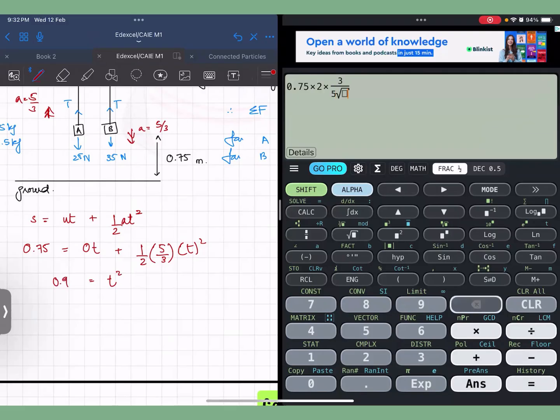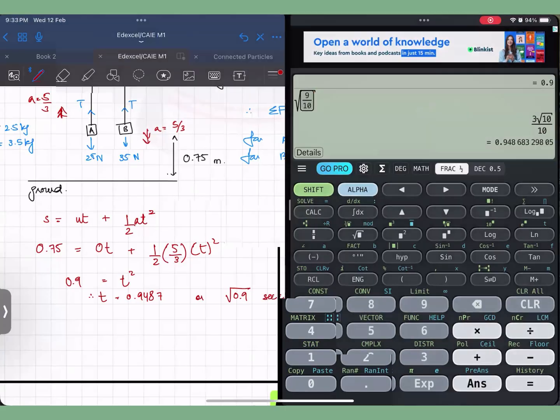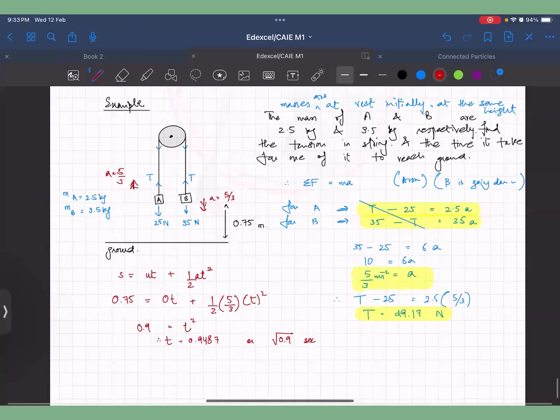So under root of 0.9, it is 0.9487 something. Okay, this is the answer. Or you can write square root of 0.9 seconds. This is the time it took for B to reach the ground.